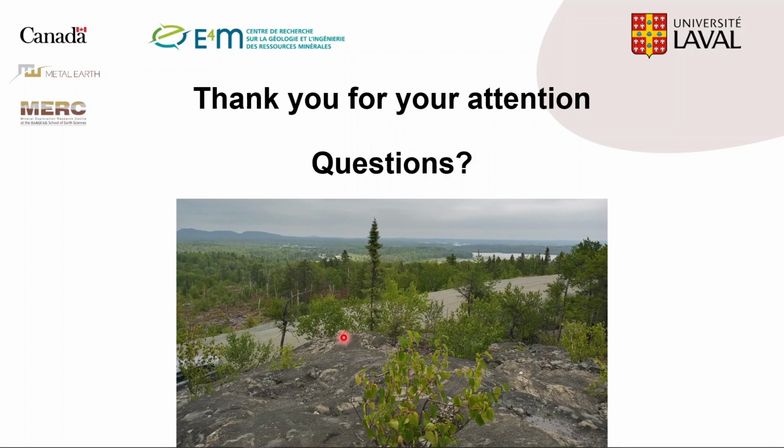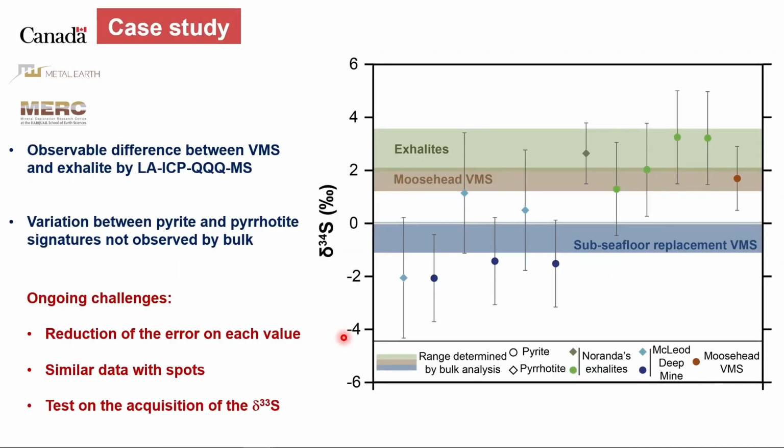Mark? I didn't hear anything about metamorphism. What is this doing with such good precision? For the laser ablation, you mean? Yeah. Oh, the metamorphism. Well, here we used these VMS deposits mostly because the metamorphism is really low, the deformation as well. The metamorphism can change the isotopic signature within different generations of grains.